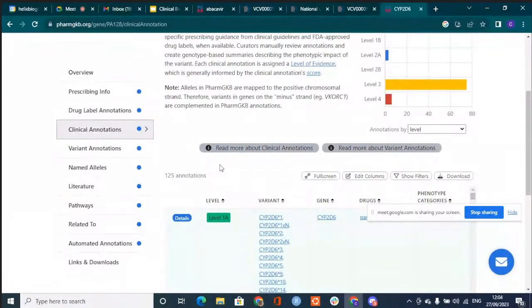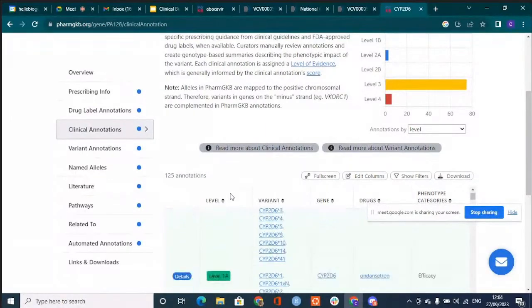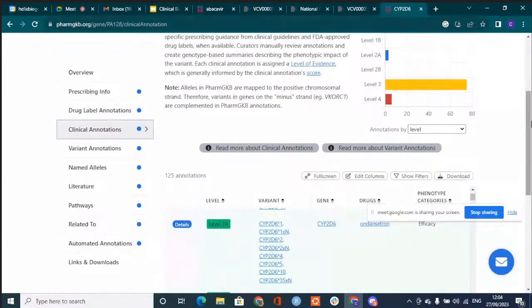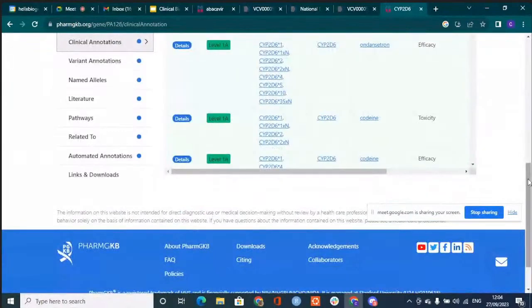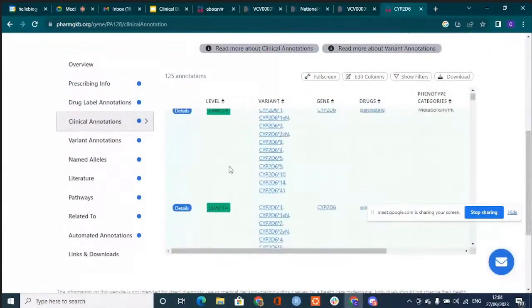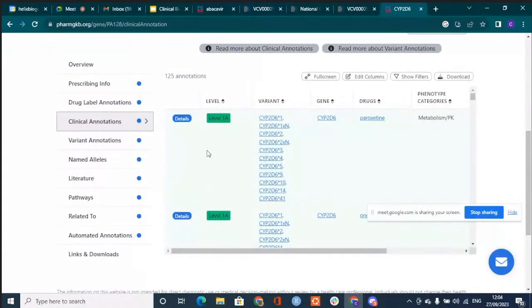Maybe there's a mutation at one point, or an insertion or deletion at another point. So there are a lot of variants in this CYP2 disease. Let me come down here. You can see that we have level 1A. This shows the level of confidence that we are sure about the association between these variants.